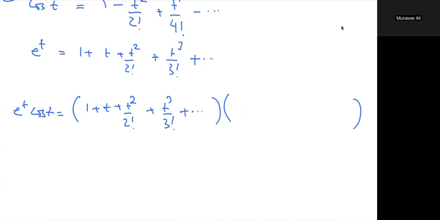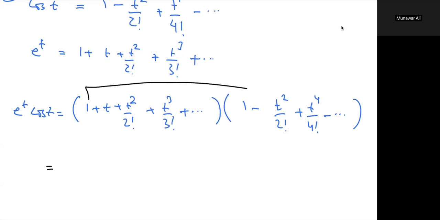And this one is 1 minus t squared over 2 factorial plus t to the 4 over 4 factorial, and so on. When you're multiplying, you always start with the smallest powers, like I'm starting with constant terms. If you multiply 1 with 1, you will get 1. That's a constant term.